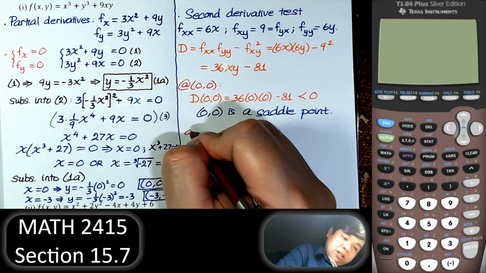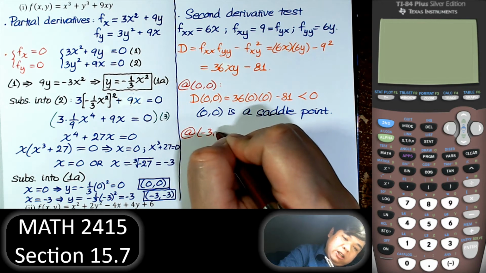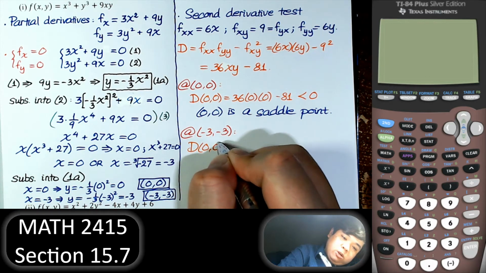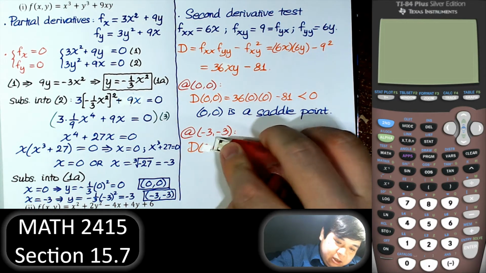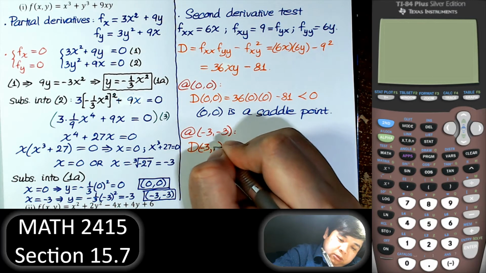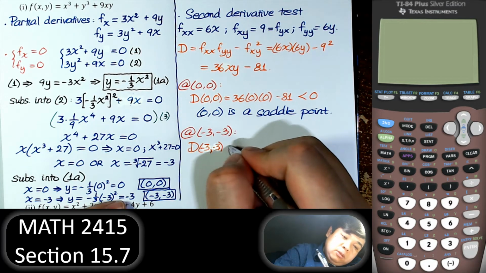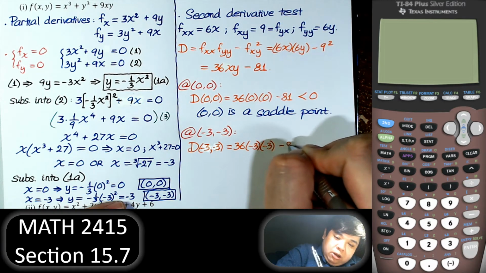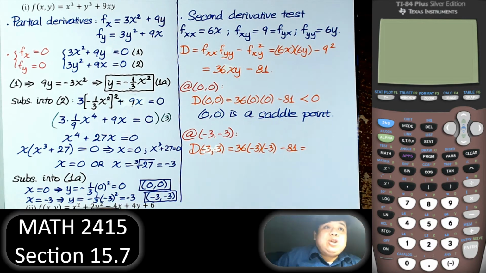And now we test at (negative 3, negative 3). The discriminant at that point is 36 times negative 3 times negative 3 minus 81, which is 243.